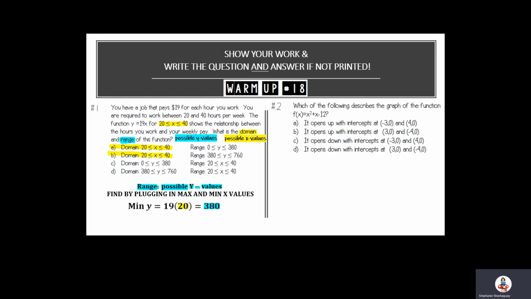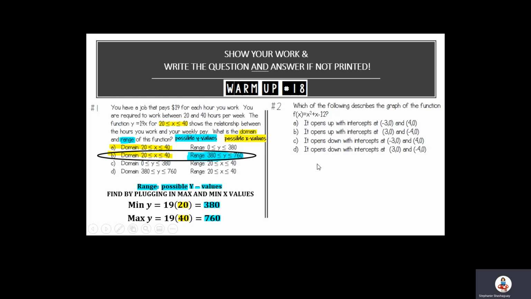So when I plug in my minimum value of 20, I know that the minimum y is going to be 380. And when I plug in my maximum value of x, which is 40, when I plug that in for x and I multiply that times 19, I get 760. Therefore, my range is going to be between 380 and 760, so my answer here is B.